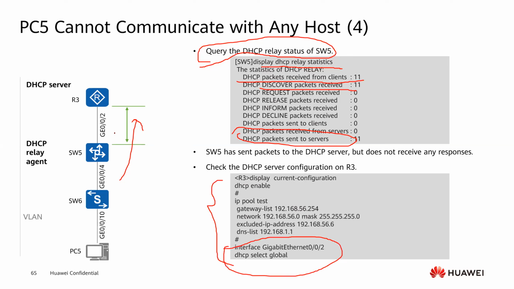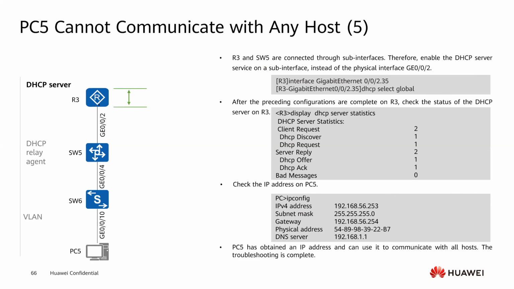DHCP select global is on this physical interface, but we use the IP address in the server interface, because this is VLAN 35. So on the interface, the server interface is GE0/0/2.35.